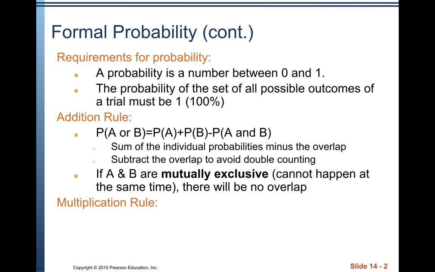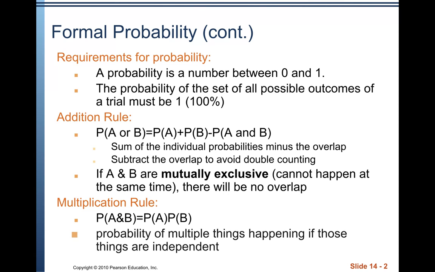Our multiplication rule is for AND probability. So if I wanted to find the probability of one thing and another thing happening, I would multiply the individual probabilities. Now, this rule only works if the two things are independent. And independent means that one result doesn't affect another result.